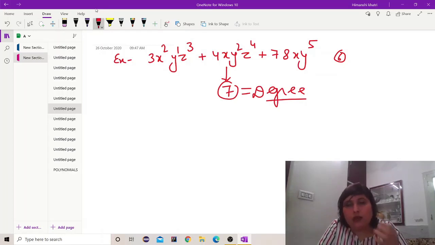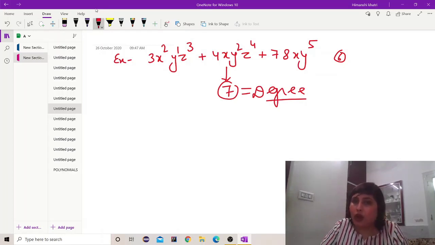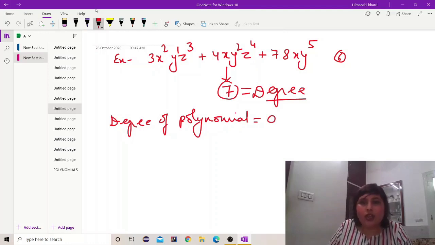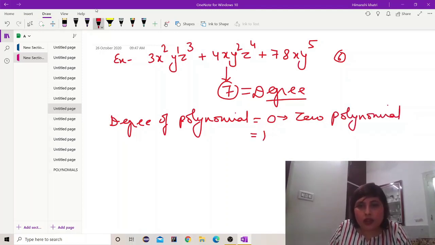Now based on this degree we'll be discussing the types of polynomials. If the degree of the polynomial is 0, then we call it a zero polynomial. If the degree is 1, then we call it a linear polynomial.